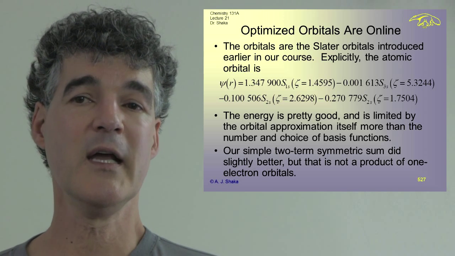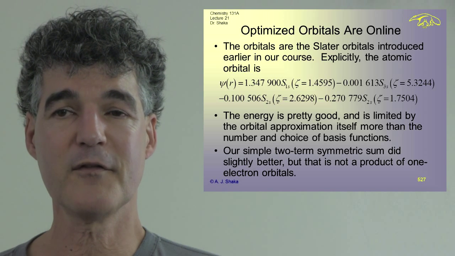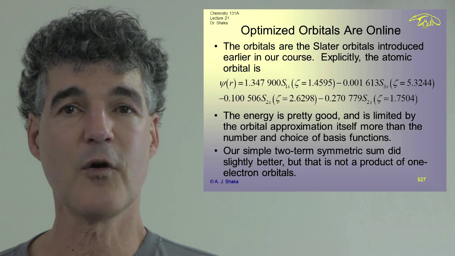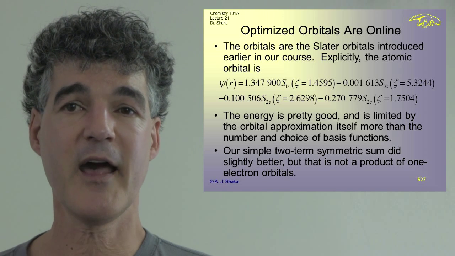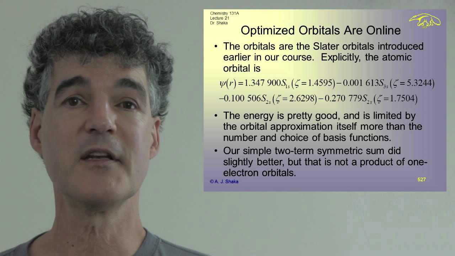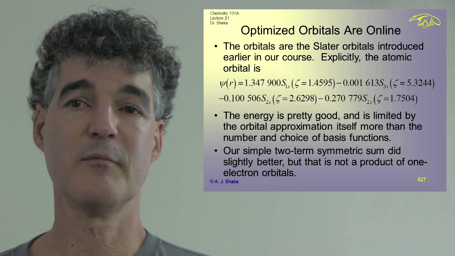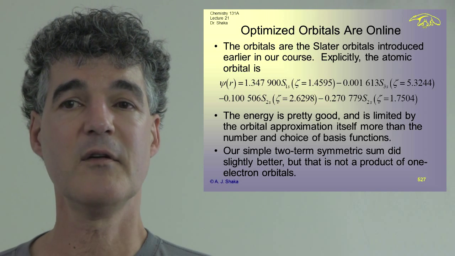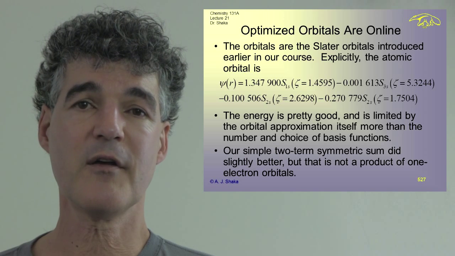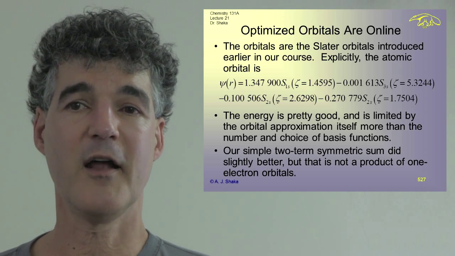But if you know what these things mean and you've tried to calculate them yourself, or you've puzzled about what these orbitals actually look like in these complicated atoms, then it is interesting, because now you've got these functions, and with Mathematica or some other program, you can plot them, you can look at them, you can square them, you can make contours of them, and you can learn an awful lot.